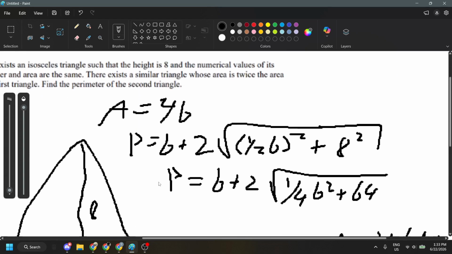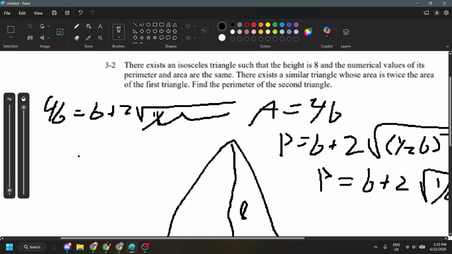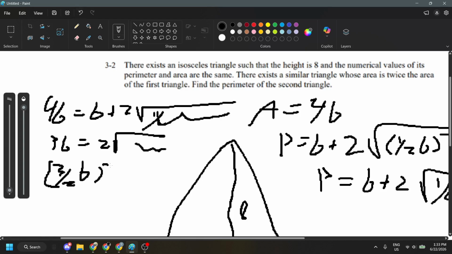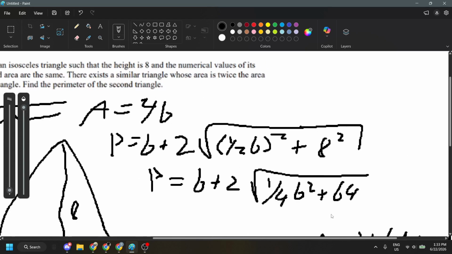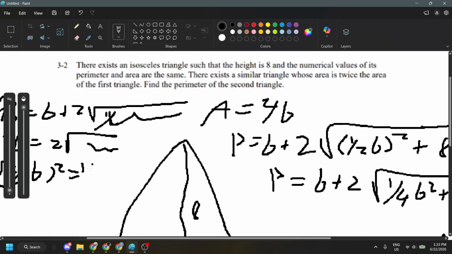Can we say 4b is equal to b plus 2 square root of the entire thing, so 3b is equal to 2 square root of the entire thing, 3 over 2 b squared is equal to 1/4 b squared plus 64.